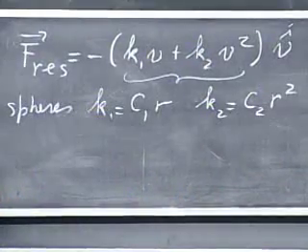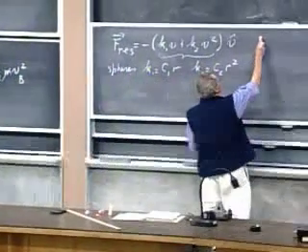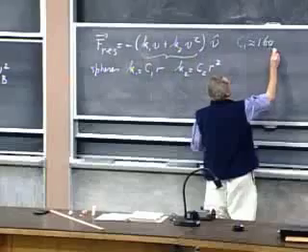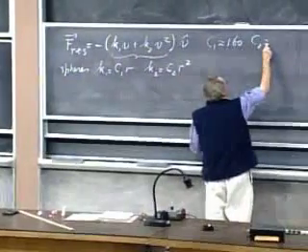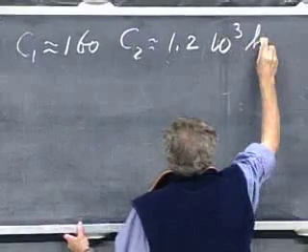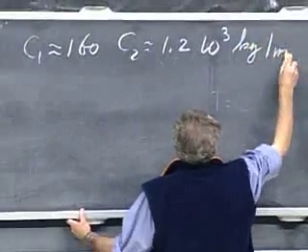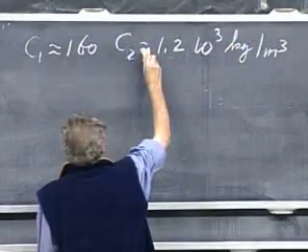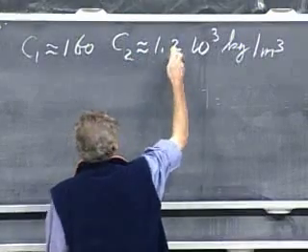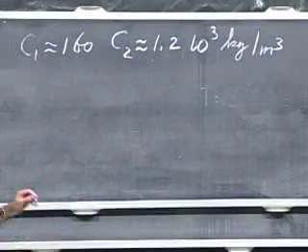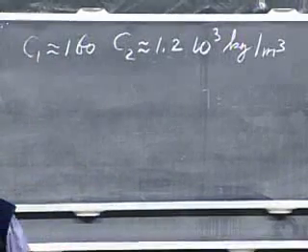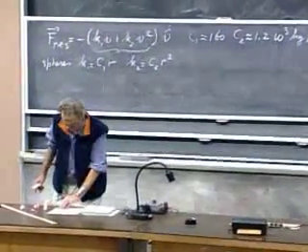And this was a syrup for which C1 was approximately 160, and C2 was about 1.2 × 10 to the third kilograms per cubic meter. I always remember the units of this, because that's always density. In fact, it's always a little smaller than the actual density of the syrup itself. This is a more complicated unit, but you can figure that one out for yourself.